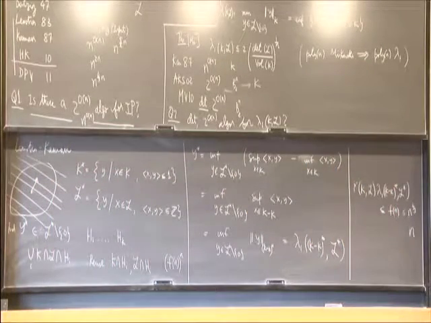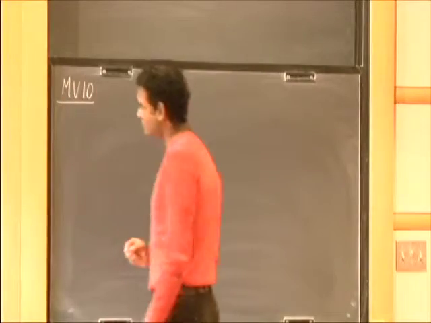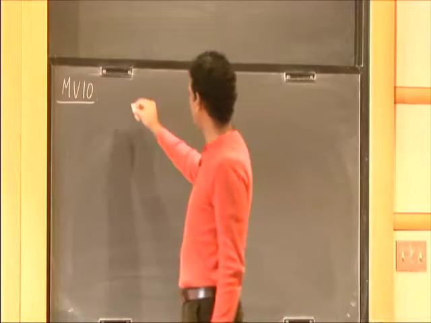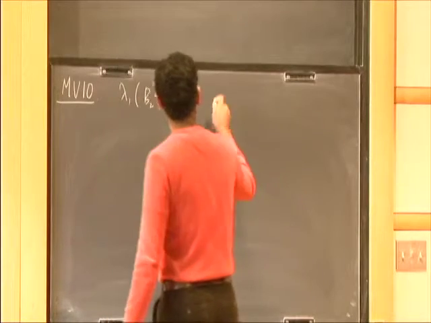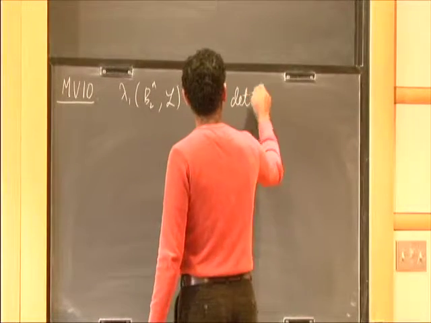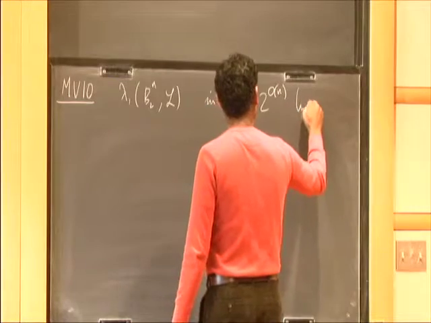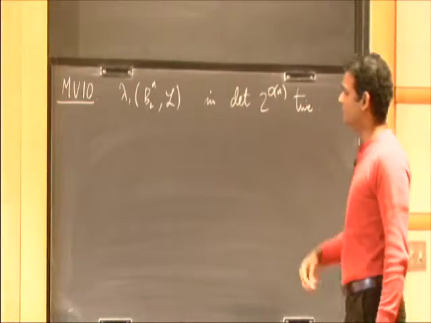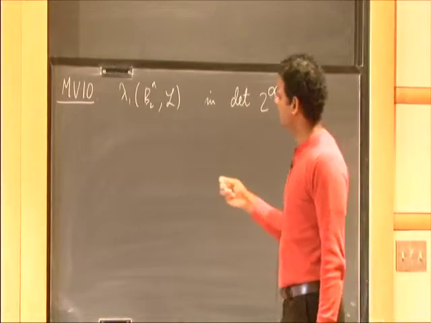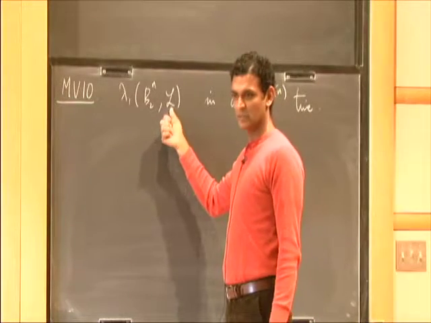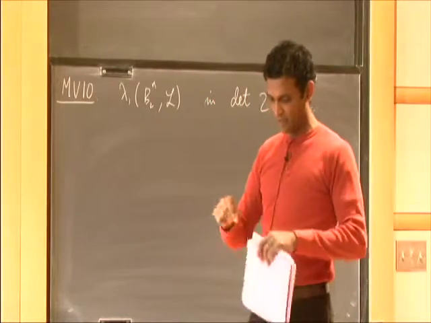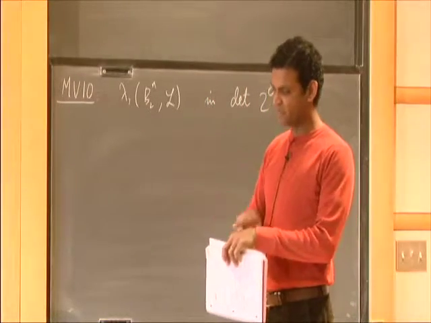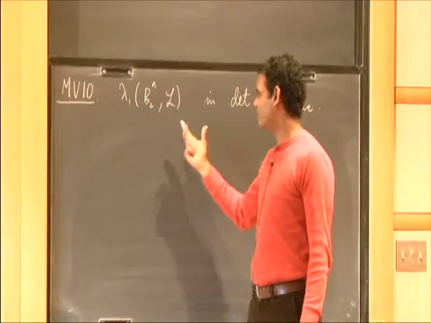So I mentioned this result by Micciancio and Voulgaris in 2010, where they solved lambda 1 in the B2^n for any lattice in deterministic 2 to the order n time. It's a very nice algorithm. So what they do is they define a graph on the lattice, whose vertices are the lattice points, and then the edges, they connect two lattice points if the difference corresponds to a Voronoi relevant vector of the lattice.